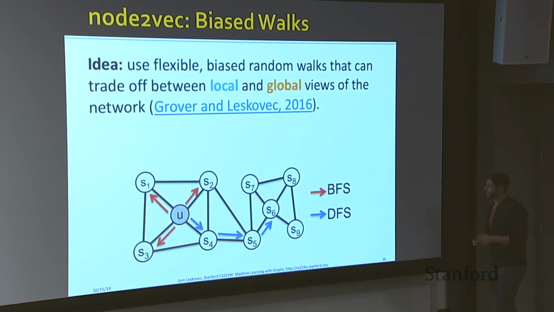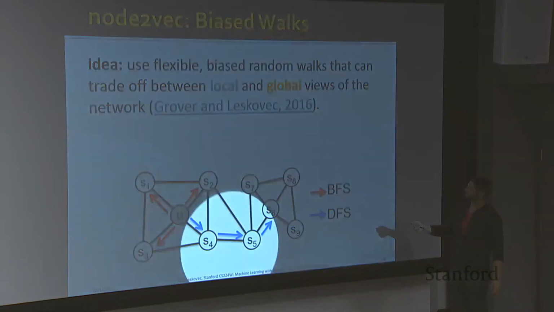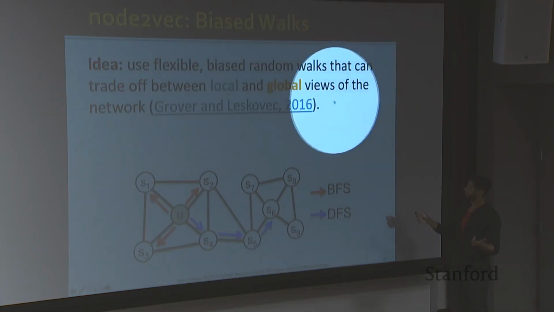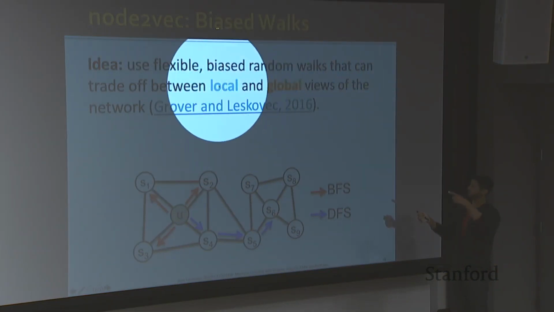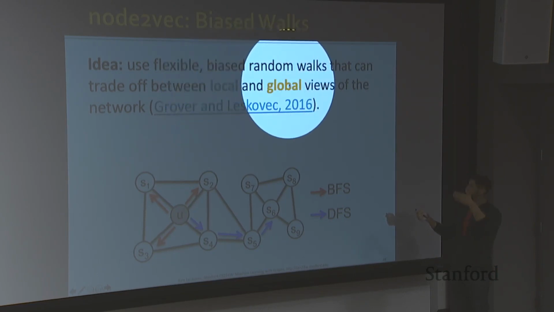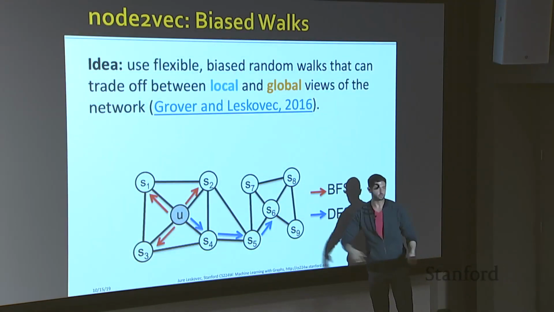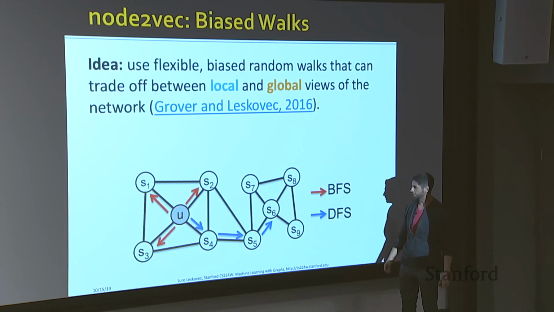The key catch is that Node2Vec strikes a balance between the local and the global views of the network. What we saw until before is only the local view in DeepWalk. What Node2Vec brings to the picture is that it will also allow us to capture a global view over the graph. So how does this happen in reality? As you know, you can traverse graphs with many different strategies.